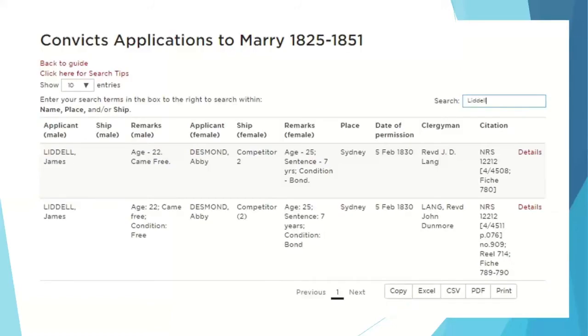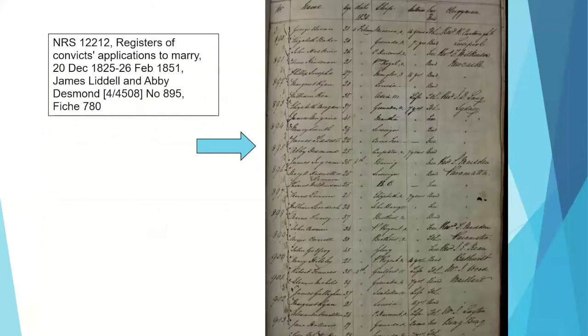Early on, convicts had to apply to get married. So here we've got details of a free person, James Little, applying to marry a convict, Abby Desmond, and details about where to find that record. This is the register of applications to marry. Tricky to go through, but particularly if you've got someone who came free, they can actually give you the name of the ship that the free person came on.